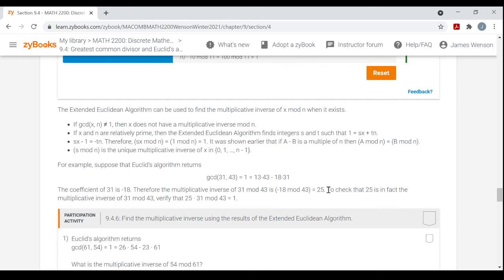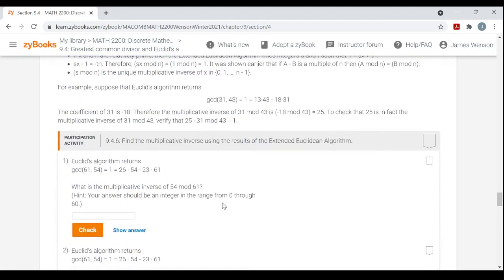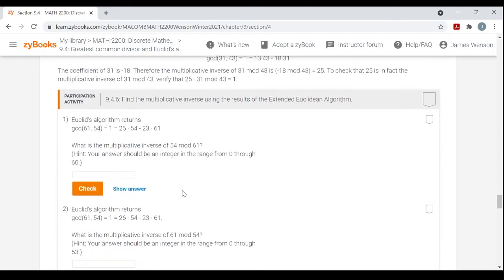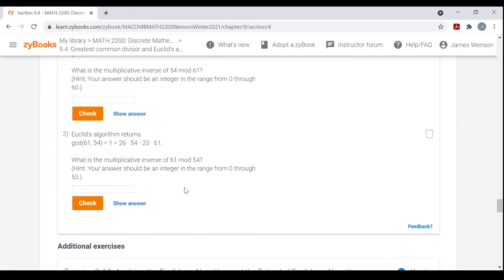And that's what they're doing here. So 31 times 25 would be congruent to 1 mod 43. And vice versa, you could also say that the inverse of 43 mod 31 would be 13.